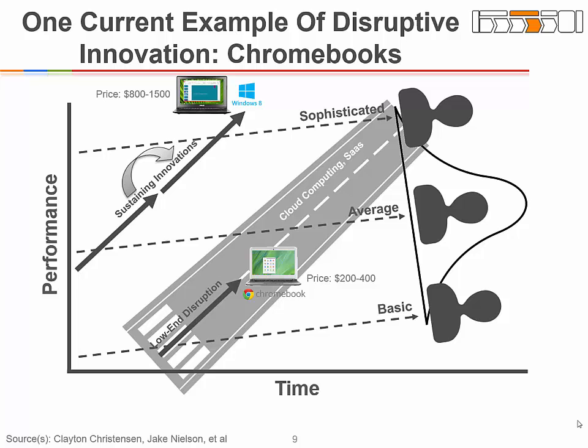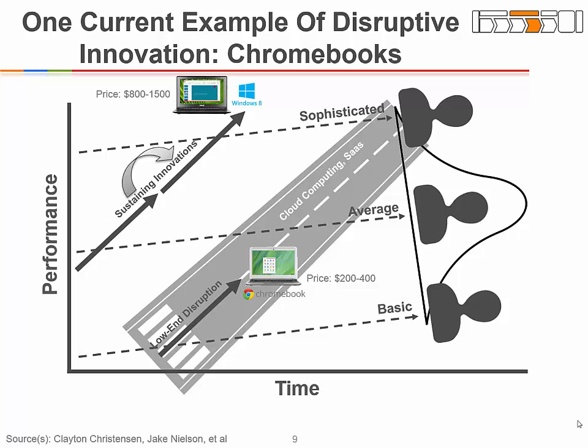Now, the interesting thing about this is those people at the high end are paying anywhere from $800 to $1,500 for their Windows PC. A lot of people didn't need to pay all of that. They're paying for a lot of features that they didn't need. So the Chromebook, by removing all those features, can be priced at anywhere from $200 to $400.